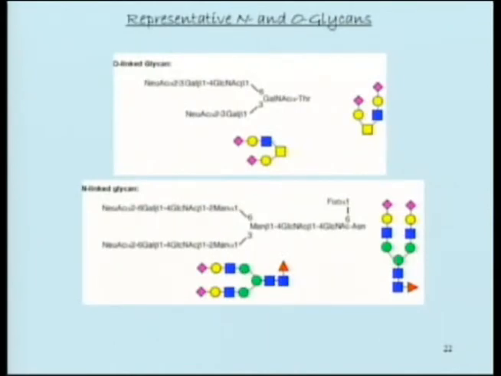Normally, we represent the N and O glycans by using symbols, and there is no real nomenclature that has been deduced. Various institutions have proposed symbols to represent these monosaccharides, and these symbols are heavily used in the book that I'm going to give out to all the trainees.